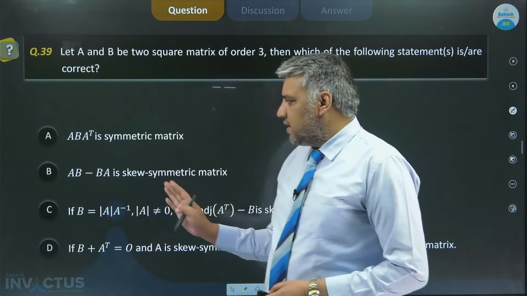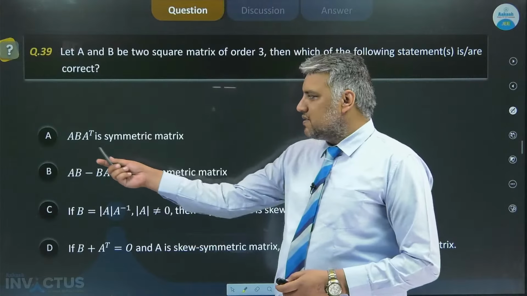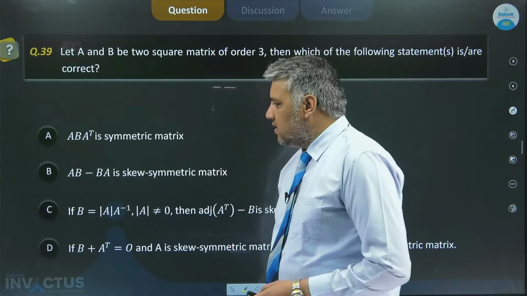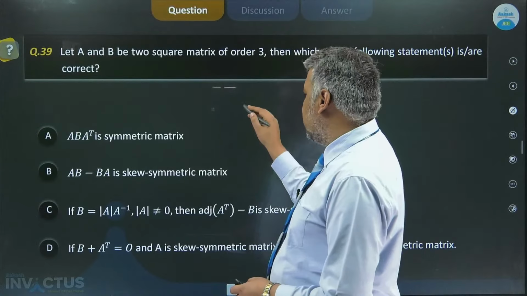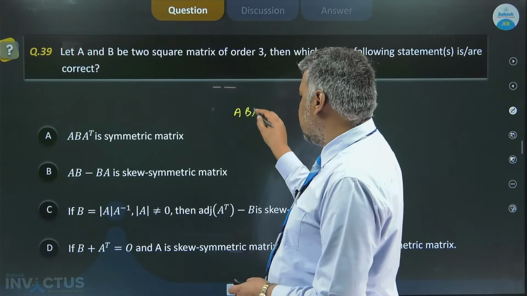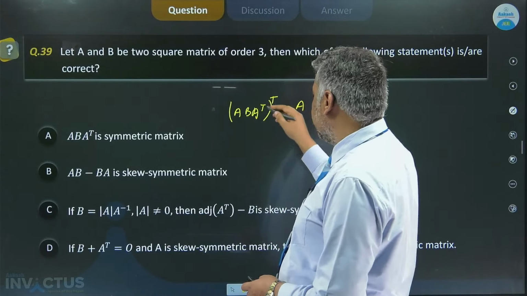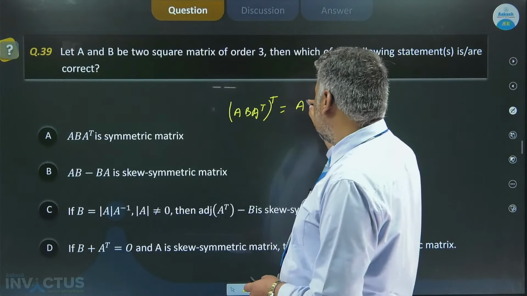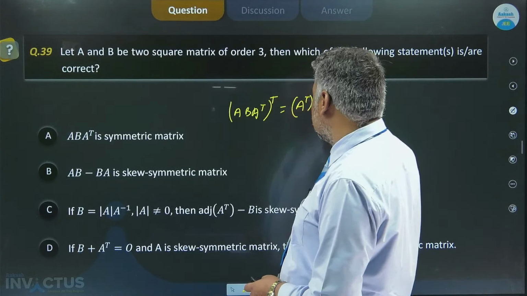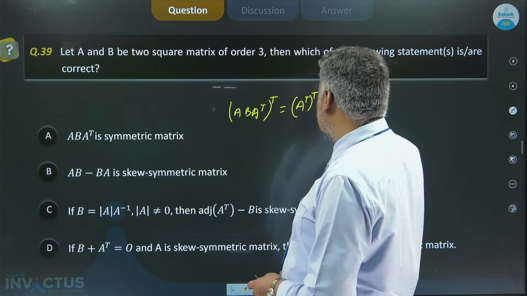In the first option they are saying AB A transpose is a symmetric matrix. If it is a symmetric matrix, then it must be equal to its transpose. If you calculate the transpose, the order will be reversed: A transpose, whole transpose, B transpose, and then A transpose.